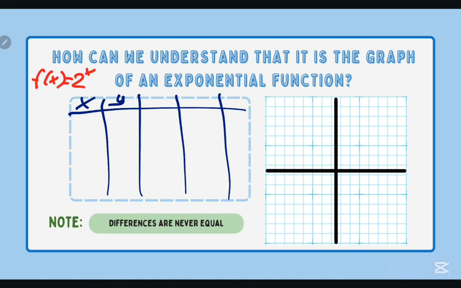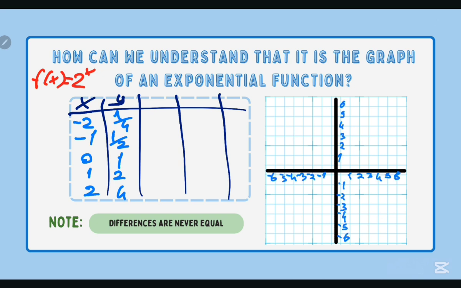If I write minus 2 instead of x, y will be 1 over 4. If I write minus 1, it will be 1 over 2. Then 0 gives 1, 1 gives 2, 2 gives 4. With these values, we can draw its graph.